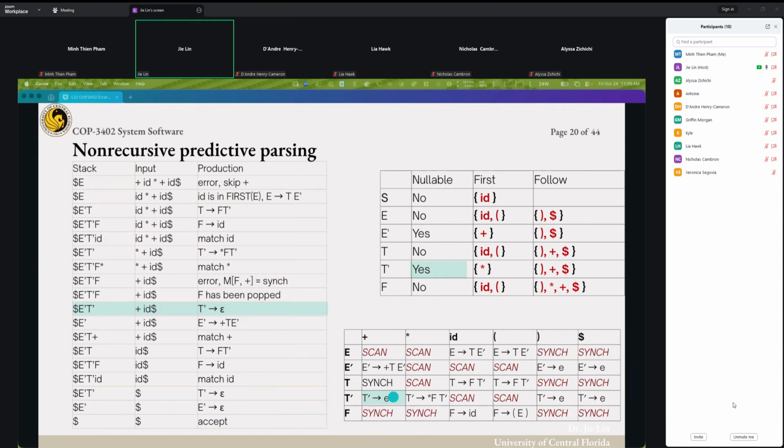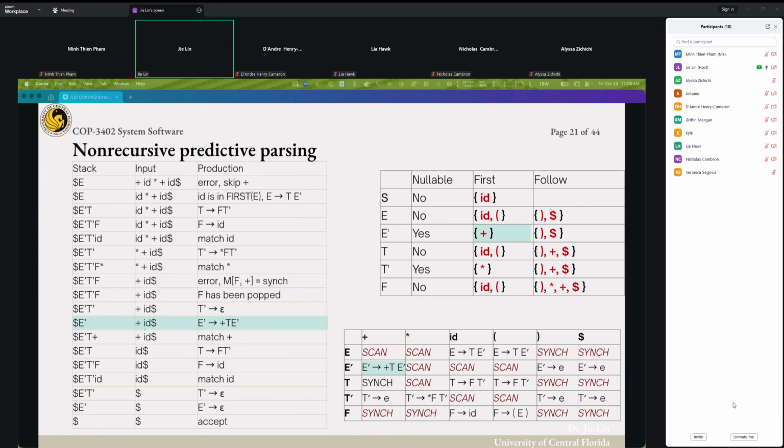We consult this table to see T prime and the plus symbol: T prime can be expanded into epsilon. Epsilon means directly popping that non-terminal from the stack. T prime has gone, and the only thing left on the stack is E prime on top. And E prime and the plus symbol.